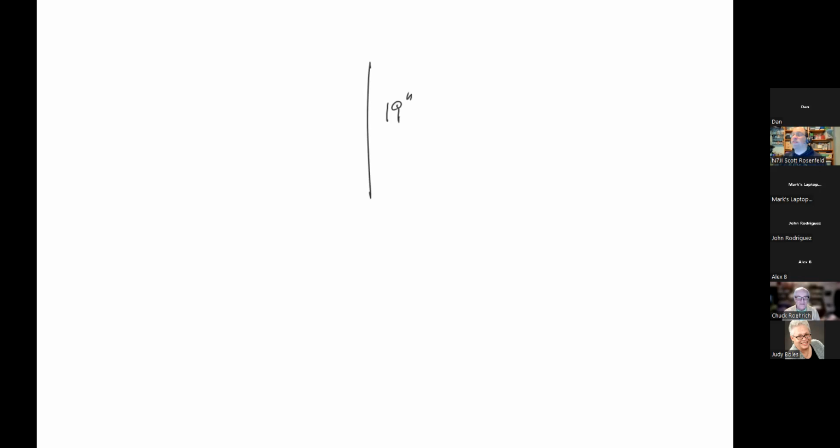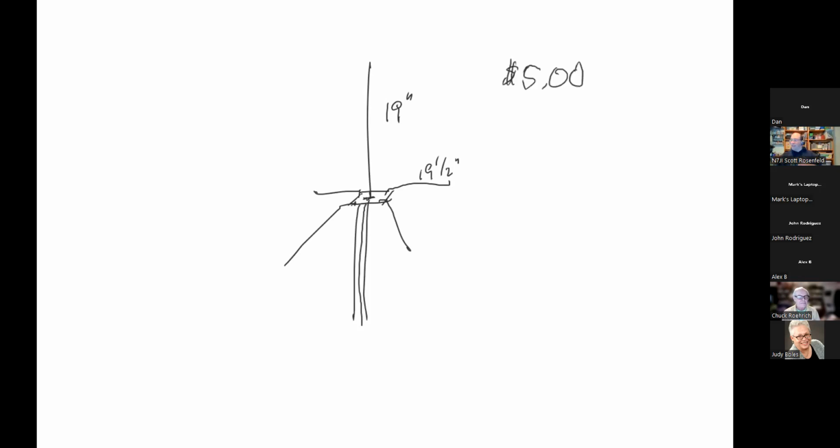It's 19 inches of number 12 solid copper connected into an SO239 connector, which basically looks like this. And then I have a radial and a radial and a radial and a radial. Each of these are about 19.5 inches long. And then it's just mounted on a piece of PVC. The cable goes down through the PVC. And this is my $5 2-meter vertical antenna.